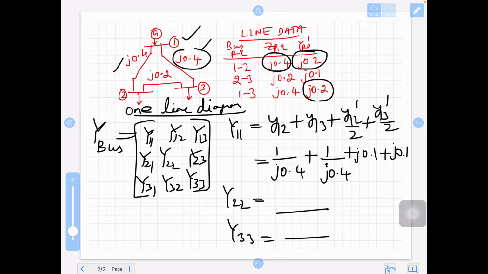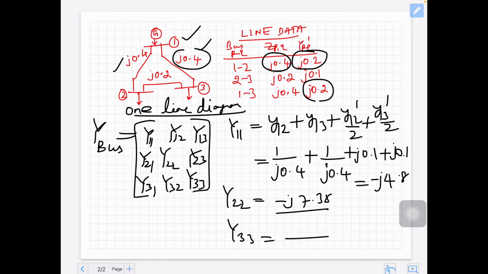After the calculation, you will get Y11 as minus j4.8, and Y22 as minus j7.35. Please do the calculations on your own. So these are the answers for Y11, Y22, Y33, the diagonal elements of the Y bus matrix.